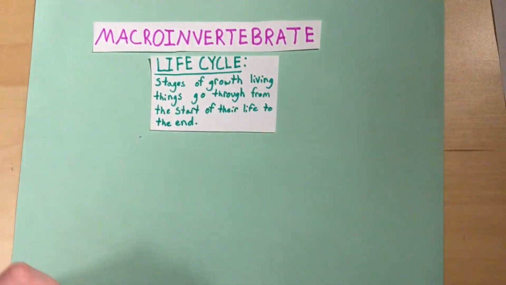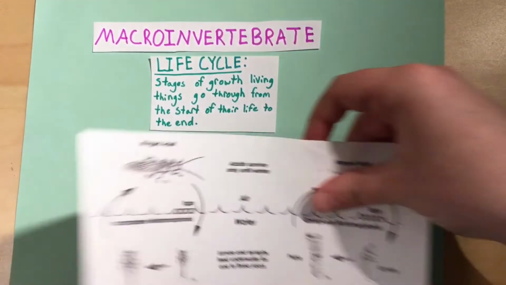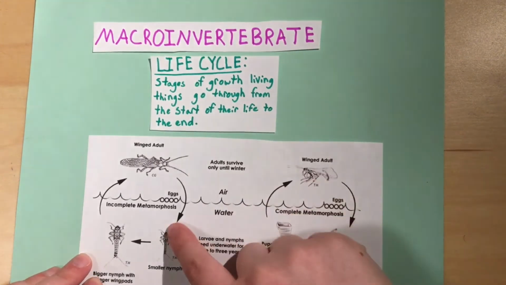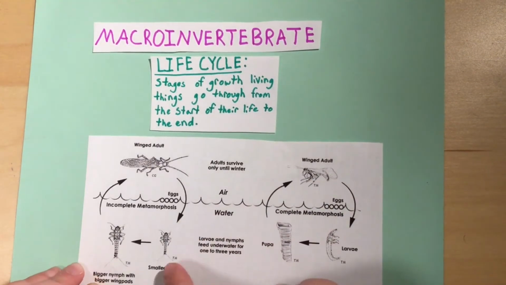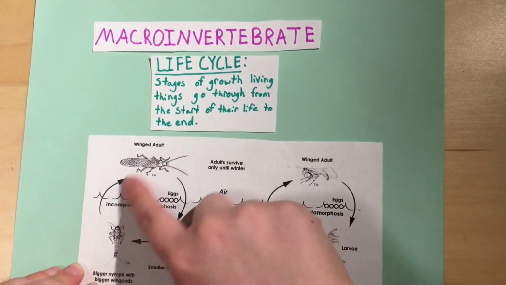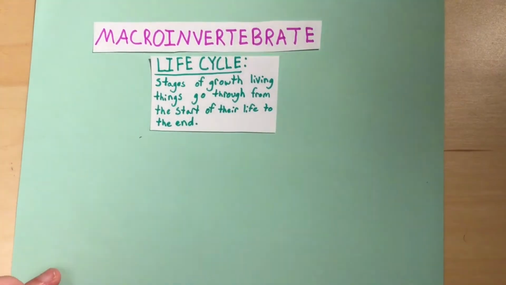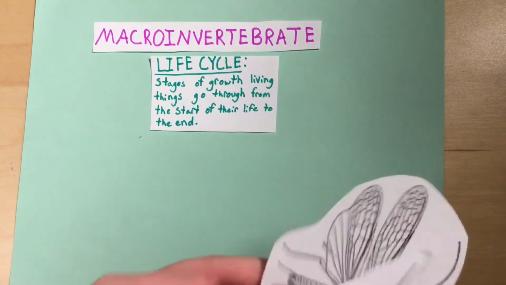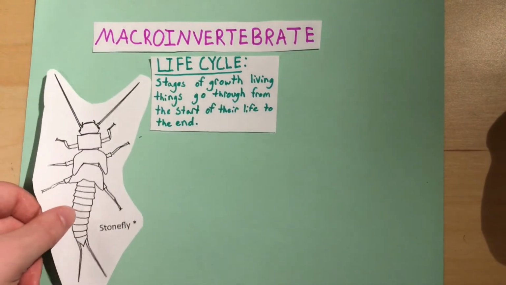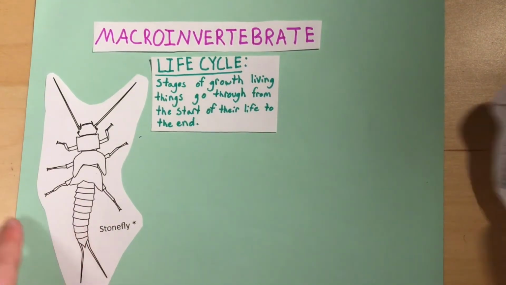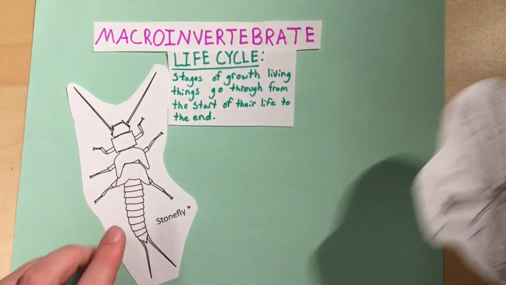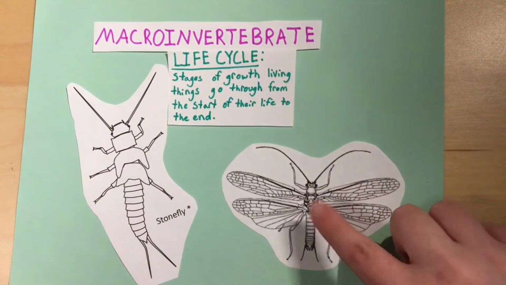The other type of life cycle is incomplete metamorphosis, which has smaller nymphs before they turn into the adult. So an example of this are stoneflies. This is what a stonefly looks like as a nymph, right here. And then here's what it looks like as an adult.